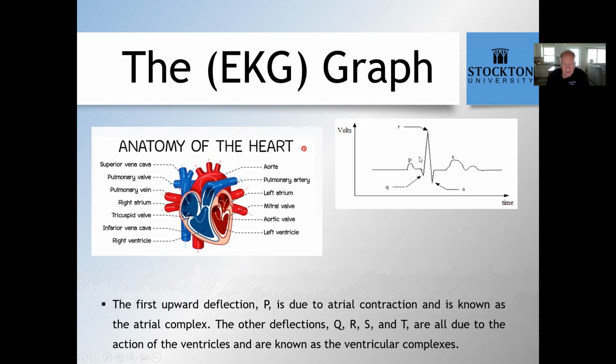So the first upward deflection, P, is due to the atrial contraction and is known as the atrial complex.